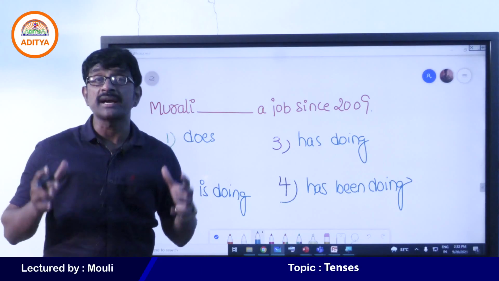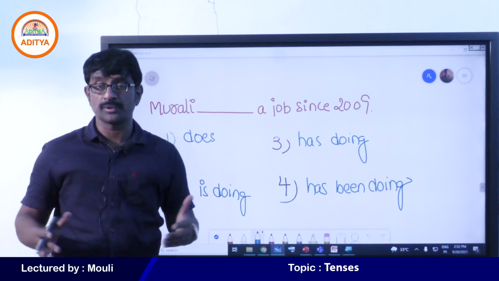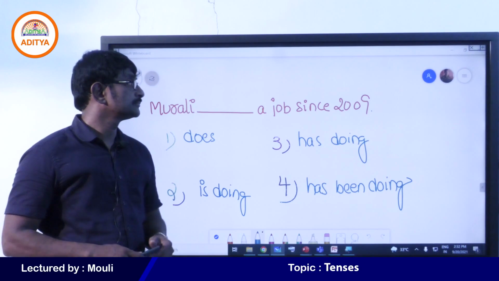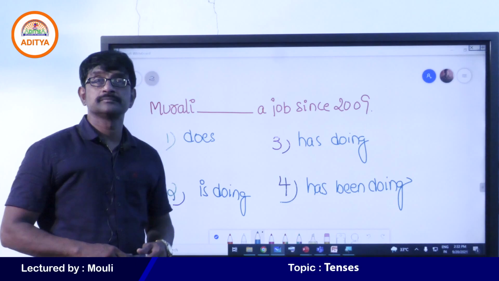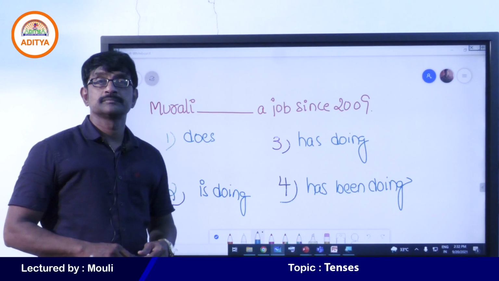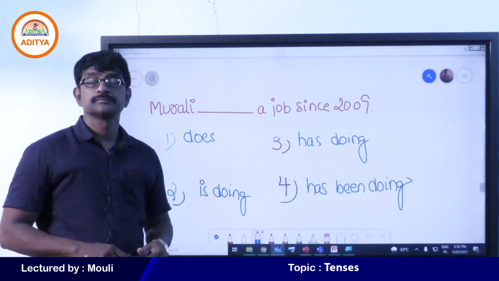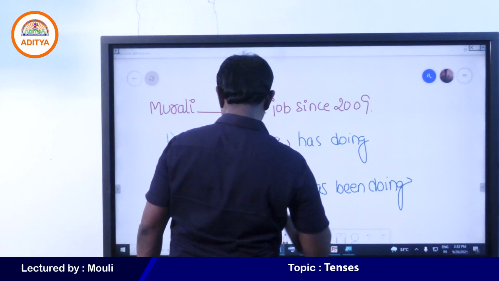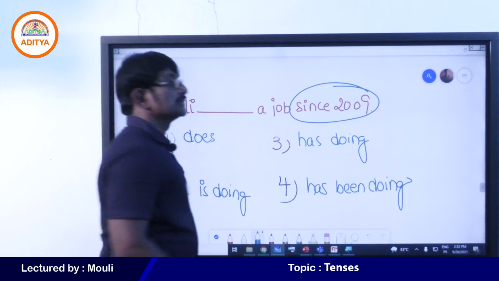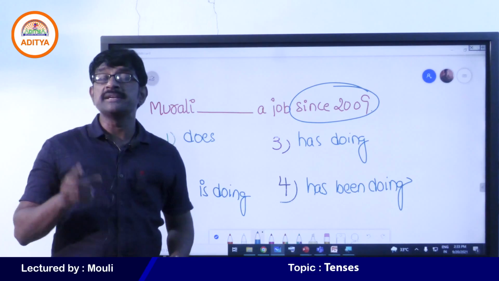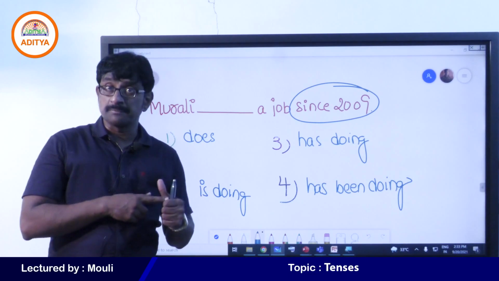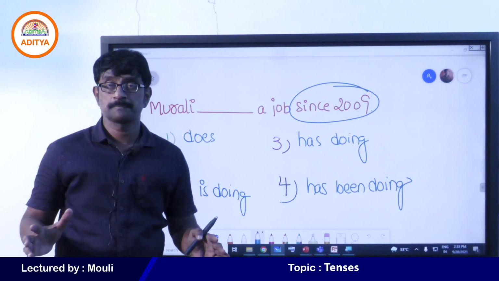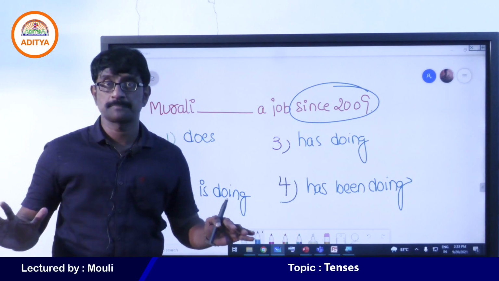Please choose your right answer among these 4. Okay, students, first of all, what we have to do? First, we have to recognize this. Since. Since means it must be either present perfect tense or present perfect continuous tense, not any other tense.